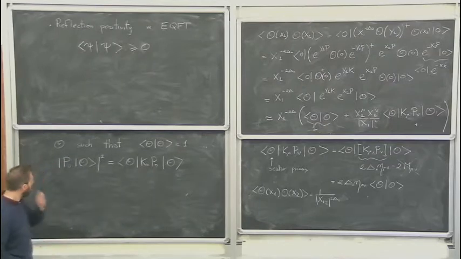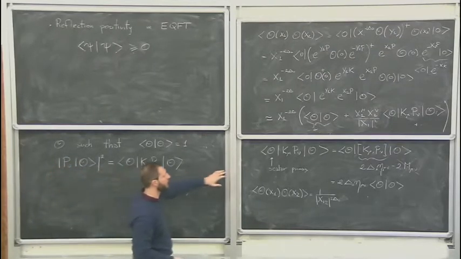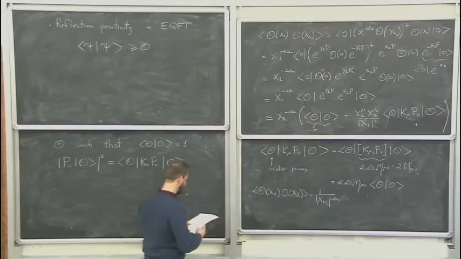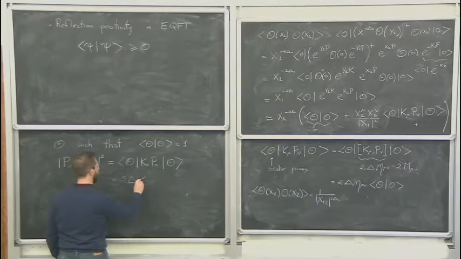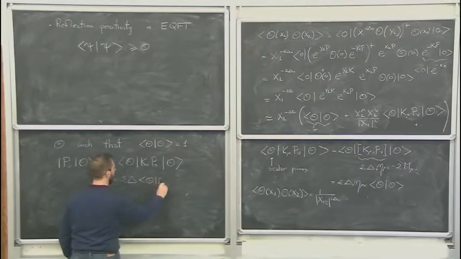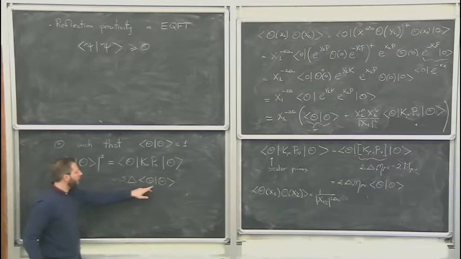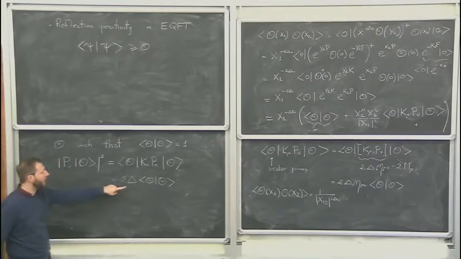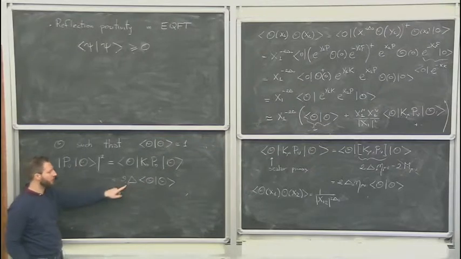And if O is a scalar, we can use the same argument as before. And this is simply 2 delta times the norm of the primary. So if we choose the norm of the primary positive, you better have positive dimensions. Otherwise, you would end up with a descendant which has negative norm, which is not something that you want.